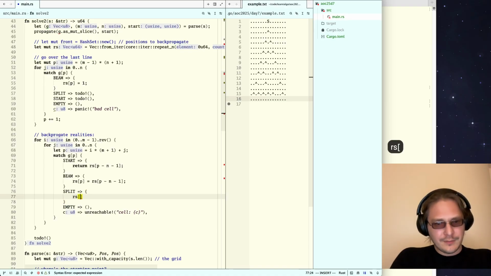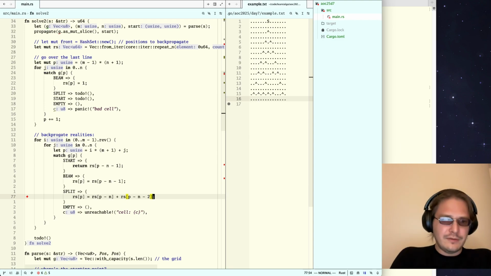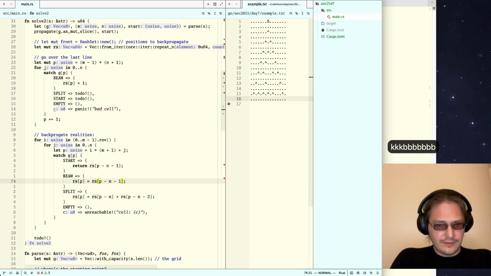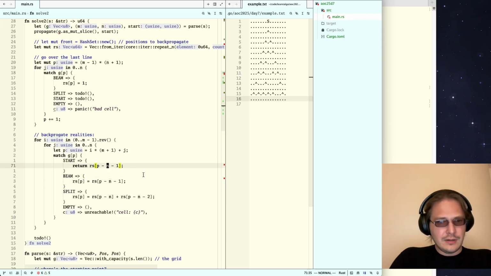Basically, that becomes something like p minus n plus s p minus n minus 2 if it does exist. So basically, this always exists because it's not the last line, and n minus 1 must exist.